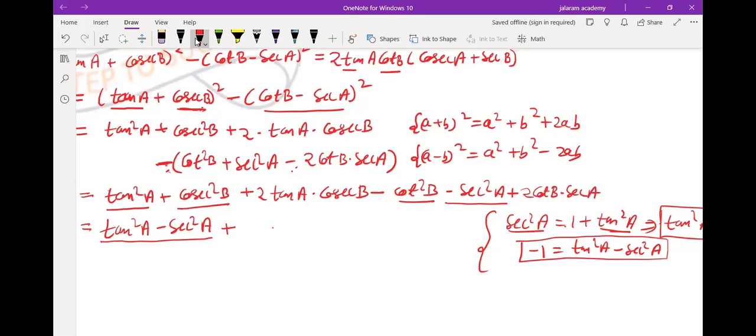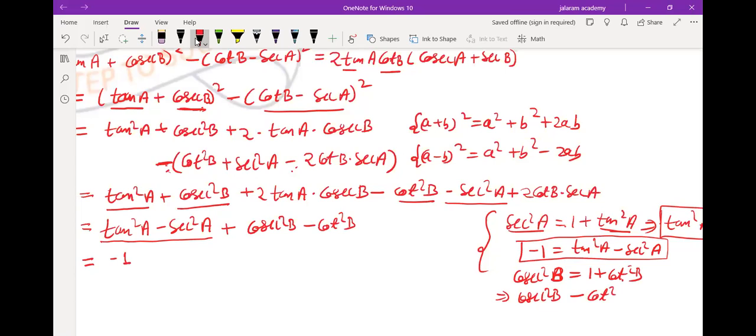So in the next line, we will write this value of tan square A minus sec square A equals minus 1. And at the same time, for cosec square B minus cot square B, we have already discussed this also: the identity is cosec square theta equals 1 plus cot square theta. In place of theta, if we write B, it is cosec square B equals 1 plus cot square B. So if we transfer this cot square B to the right hand side, we get cosec square B minus cot square B equals 1.